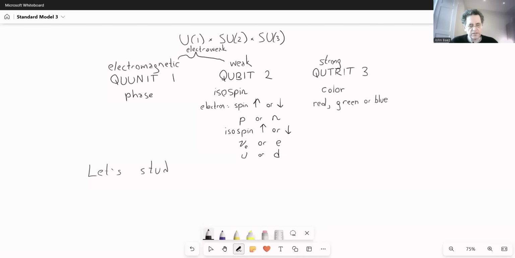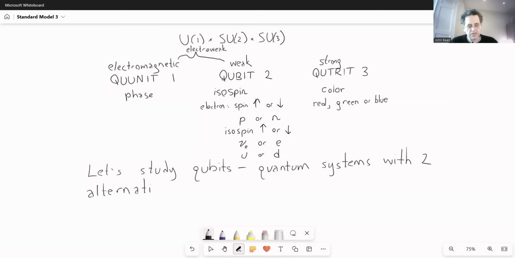I'm going to talk to you about how quantum mechanics works in the case of systems with two alternatives. So these are quantum systems with two alternatives. That is two different ways that the system can be.